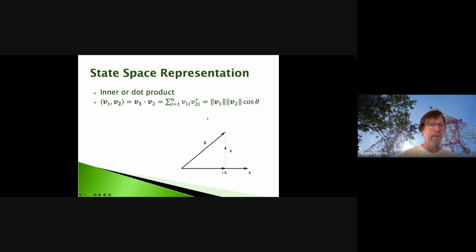If we have two arbitrary vectors, then this equation handles this. If we're looking at the unit vector, then maybe this V2 here would be a 1 in the x direction, and then 0, 0 in the y and z directions. So that would be its representation.